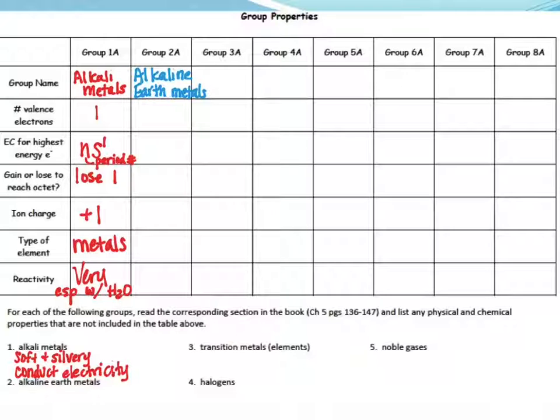I don't know, it doesn't matter. Some call it alkali earth. These are in group 2A, so how many valence electrons do they have?